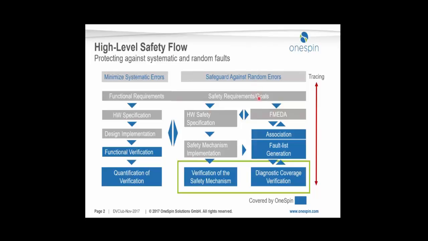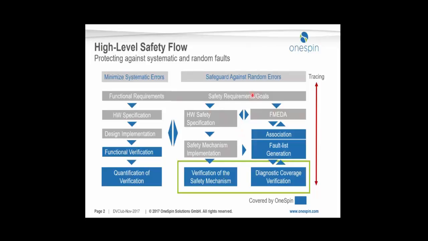And in order to do that, we come up with a safety architecture. First, we have obviously our safety requirements and our safety goals. We derive a safety architecture from that and the hardware safety specification. With that, we are going to implement our hardware or software safety mechanisms, and then eventually we have to verify that the safety mechanisms work correctly.